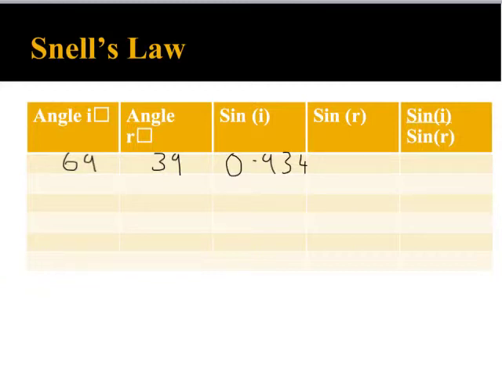And I then work out the sine of 39, which is 0.629, again to 3 decimal places. Then I divide 0.934 by 0.629, and I get a refractive index of 1.484.